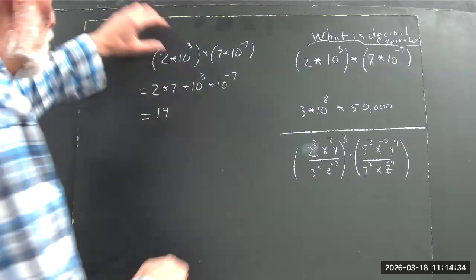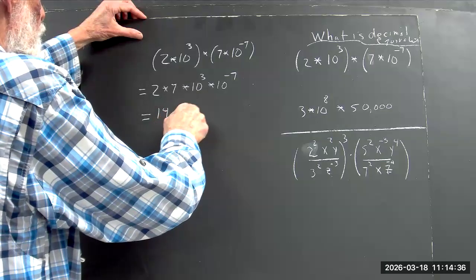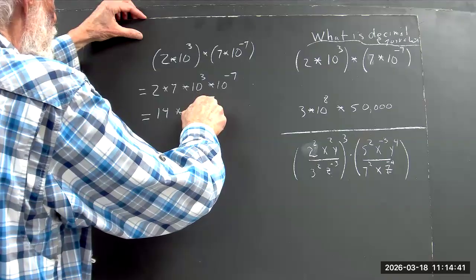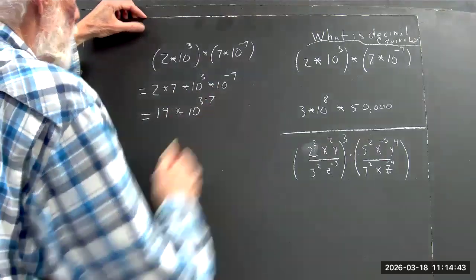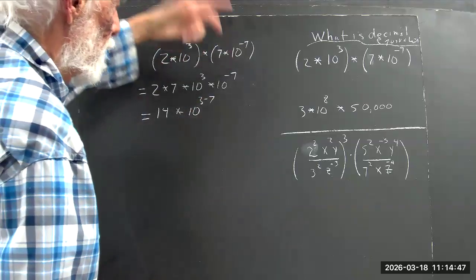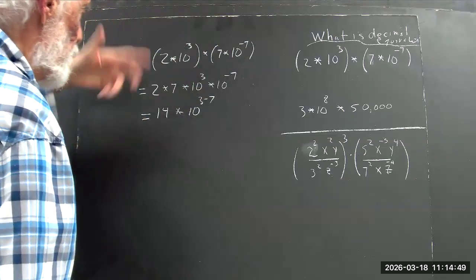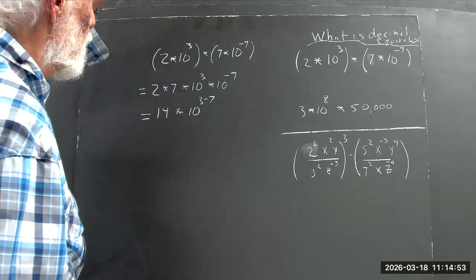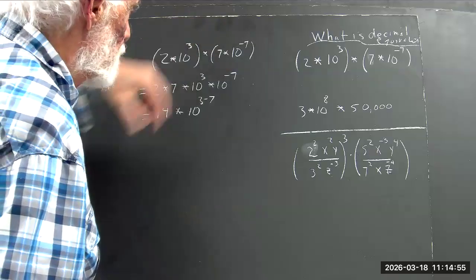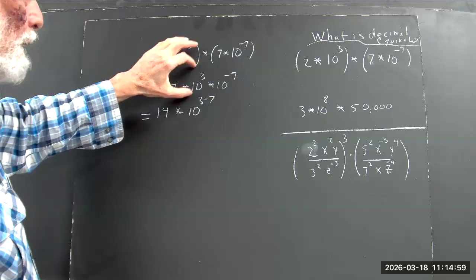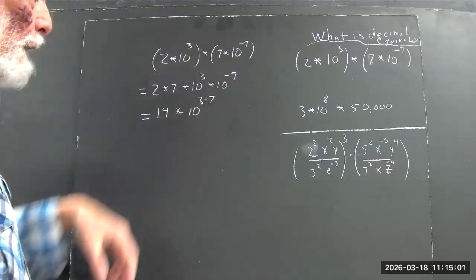And 10 to the third times 10 to the negative 7th, you know, from the homework you did last night and from what we did in class last time, that's a multiplication. We're just going to add the exponents. That's 3 plus negative 7. We just write that as 3 minus 7. So what we have, 2 times 10 to the third multiplied by 7 times 10 to the negative 7th is 2 times 7 multiplied by 10 to the third times 10 to the negative 7th.